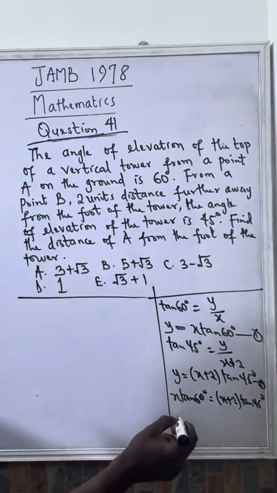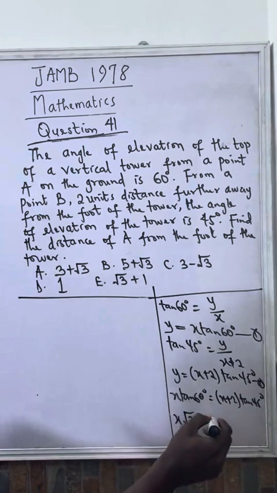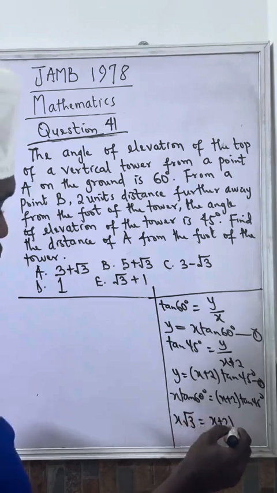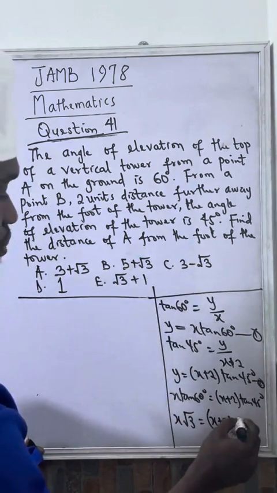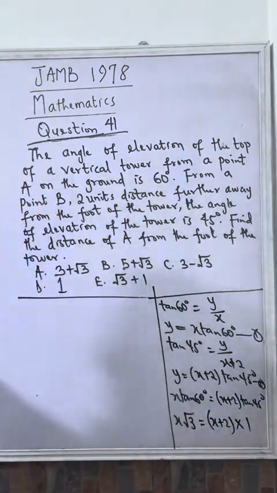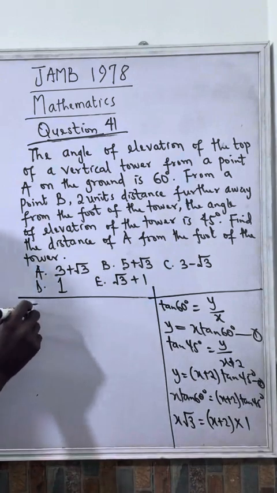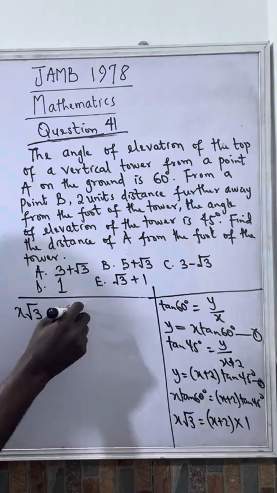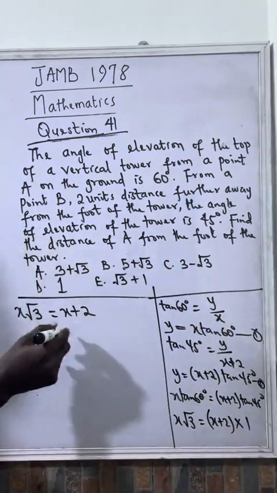So I will have X root 3 over 1 equal to X plus 2 times tan 45. What is tan 45? That's opposite over adjacent, which is just 1. So tan 45 is 1. No doubt. This makes the job easy. So I will have X root 3 equal to X plus 2, because multiplying by 1 will not change anything.